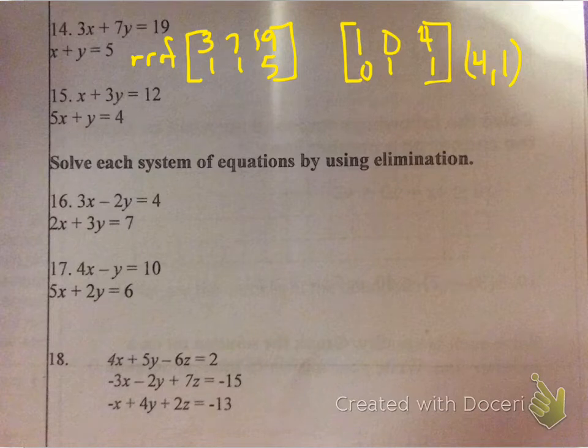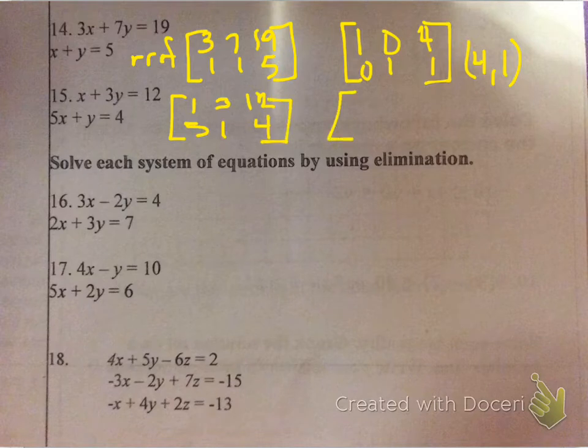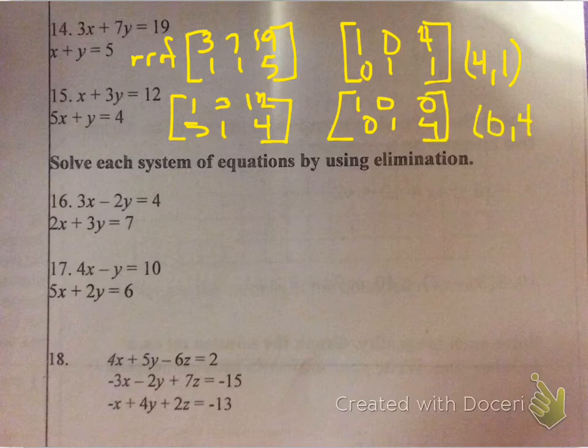On the next one, you can do the same thing. Your setup would start off 1, 3, 12, 5, 1, 4. And when you press enter, you get 1, 0, 0, 0, 1, 4. So that means that's an answer of 0, 4.